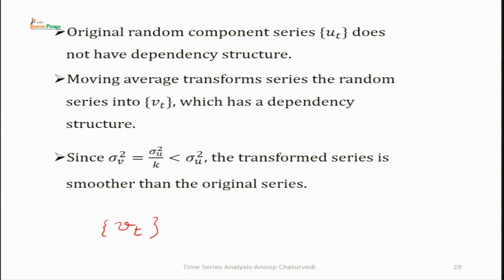So, this series V_t has a dependency structure. This is how the k-term moving average affects the random series. The original random series does not have any dependency structure, but after taking the moving average, the resulting series has a dependency structure.